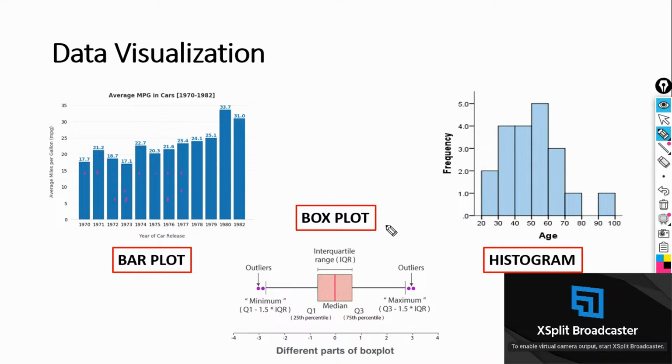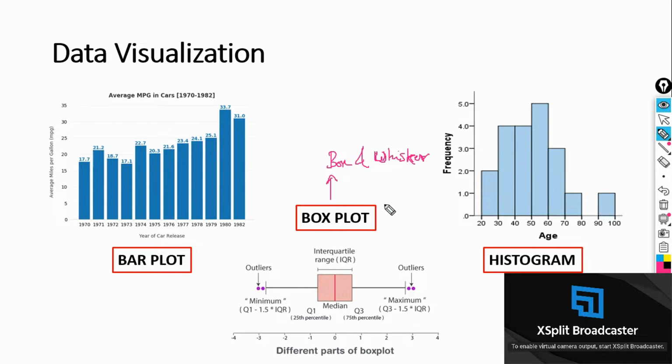Then comes the third univariate plot, the box plot. What is this box plot? A box plot is also called a box and whisker plot, or whisker plot.